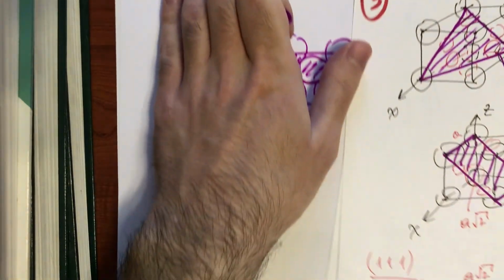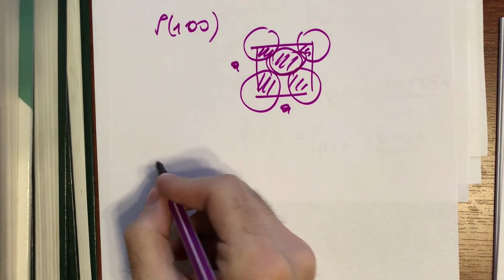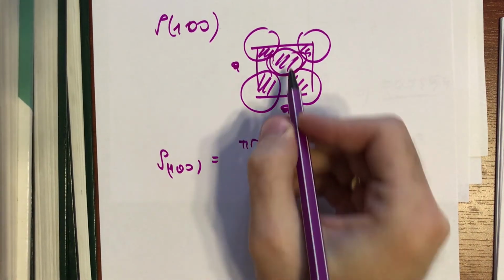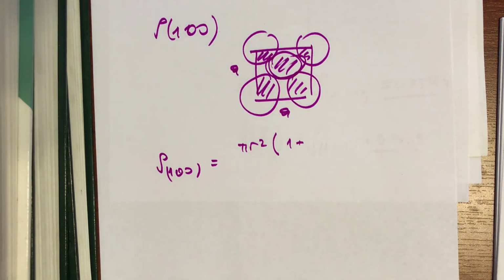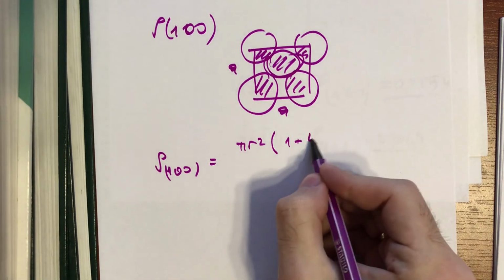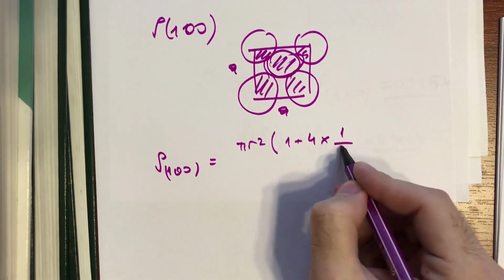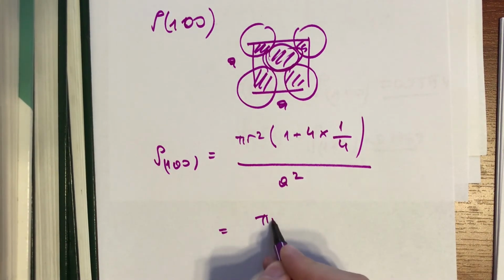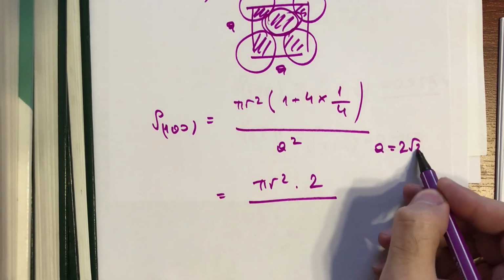Okay, so the area occupied by the atoms, pi r squared times, we have one atom fully inside the square there, plus 4 corners, 90 divided by 360, that's going to be 1 over 4, divided by a squared, that's going to be pi r squared times 2, divided by a is 2 square root 2r.